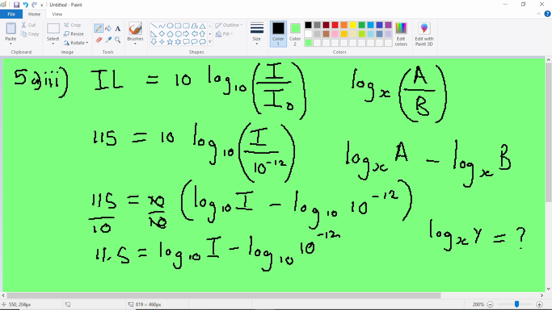Well, log base x of y is basically the same thing as saying x raised to the answer gives me y. That's a logarithm. Might be a little bit confusing. Let's go through it again. Log base x of y is basically saying x raised to what number gives you y. You get what I'm saying?